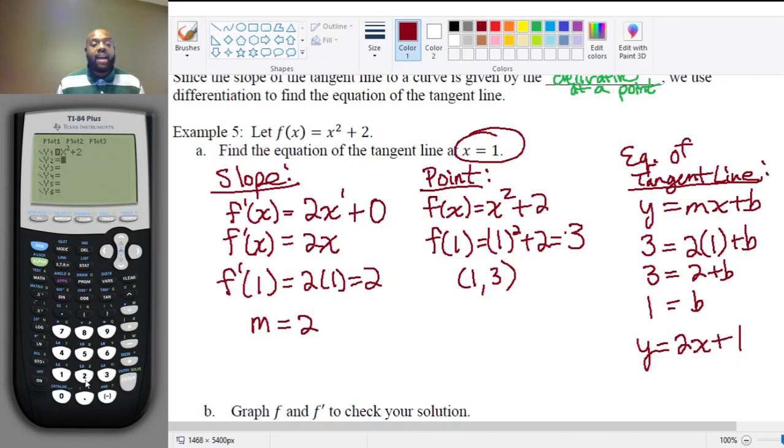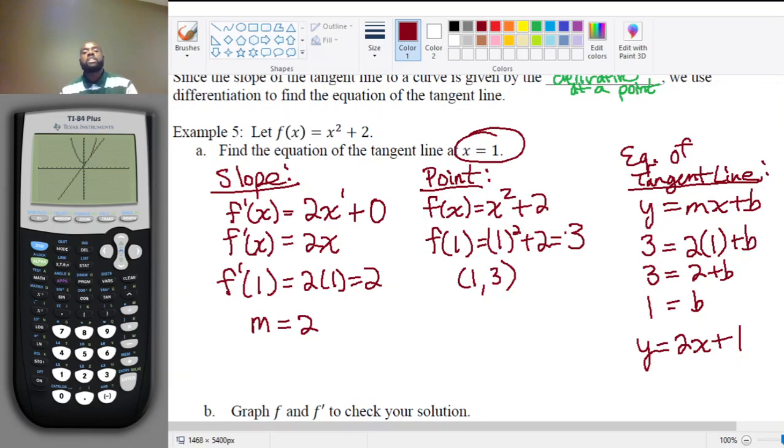And then I have the line 2x plus 1. Press enter. And then I'm going to go to zoom 6 to get my normal viewing window. And as we can see, we have a tangent line that's going to touch my graph specifically at the point where x equals 1, and it's going to be at the point (1, 3). All right, and there we go.